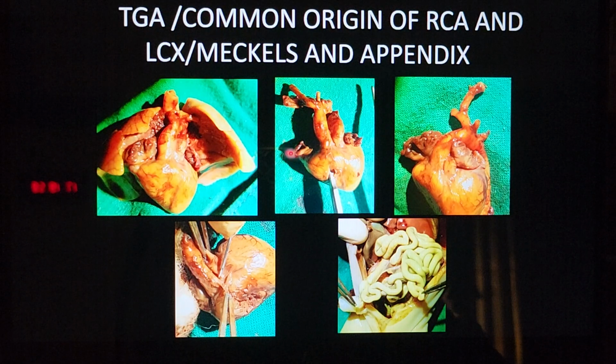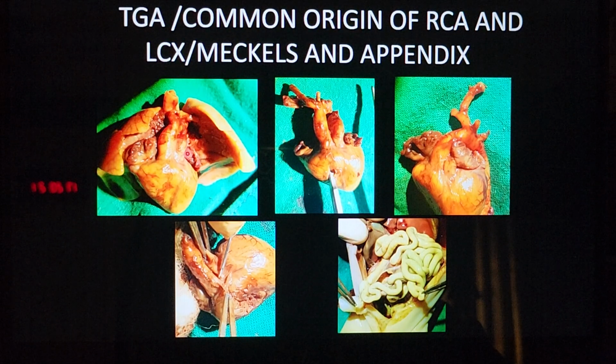So that says that this particular vessel is the aorta, but it is coming out from the right-sided chamber. Also look at the other vessel which comes out at the same level of the initial aorta, and this branches, and this is the pulmonary artery.